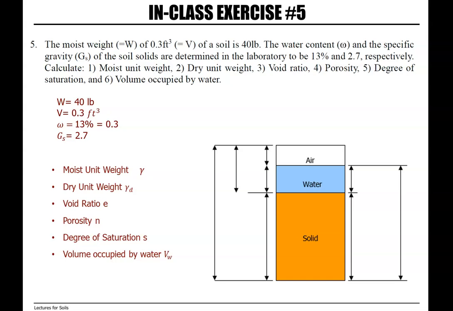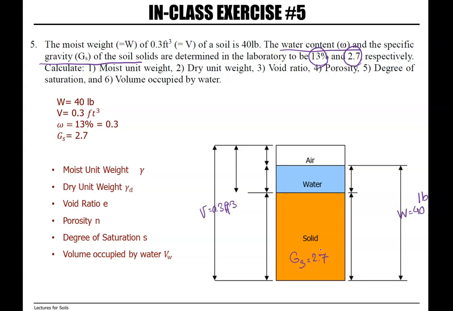The moist weight of soil: weight is 40 pounds, volume is 0.3 cubic feet. The water content is 13% and the specific gravity of soil solids is 2.7.